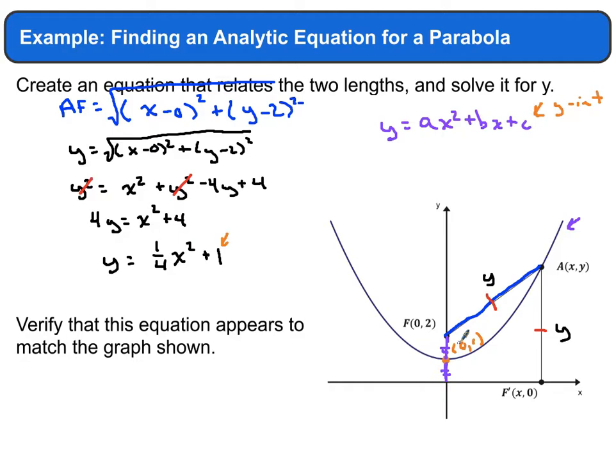Now this creation of an equation for the curve is what we're focusing on in this particular lesson. So let's recap here. The reason why this worked the way it did is because, remember, our directrix was on the x-axis.